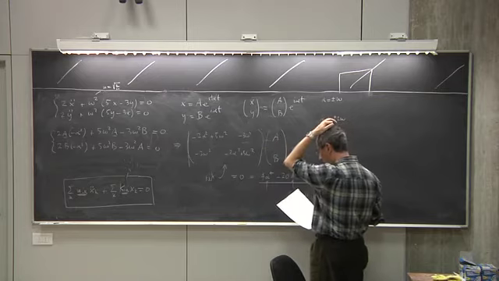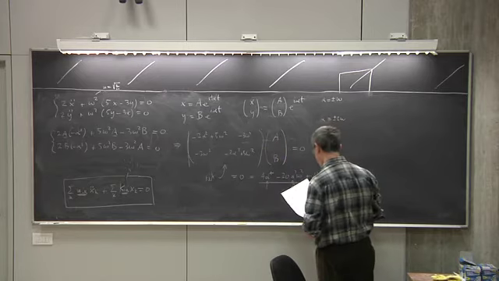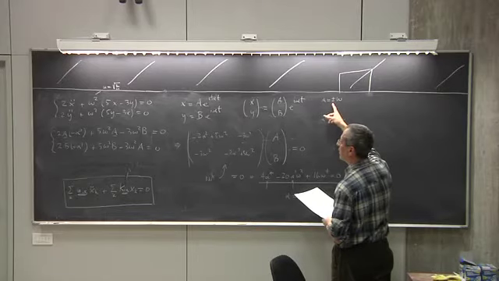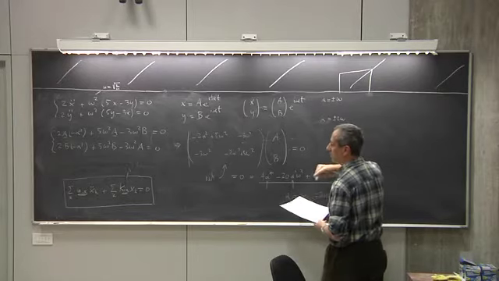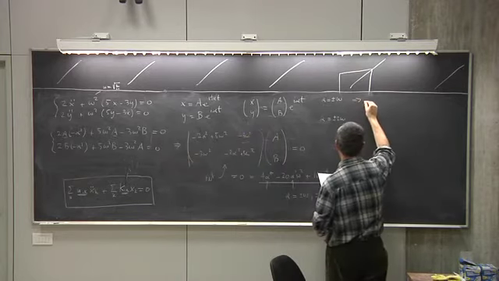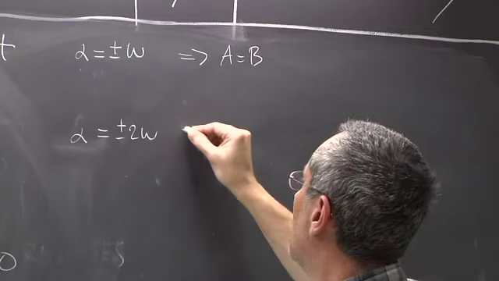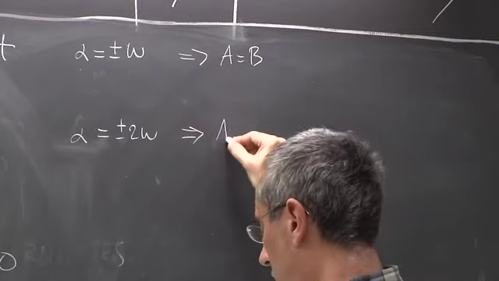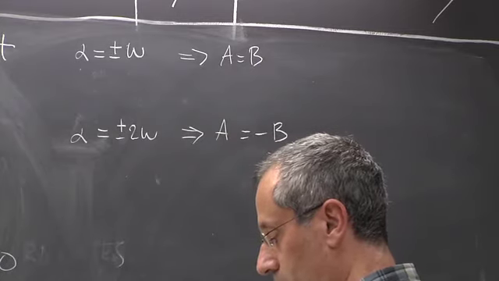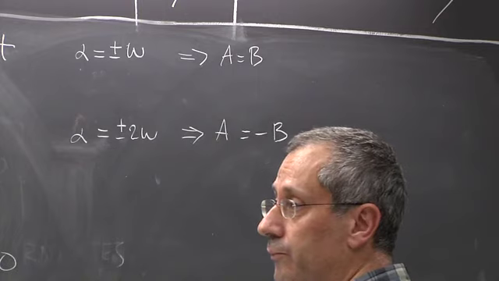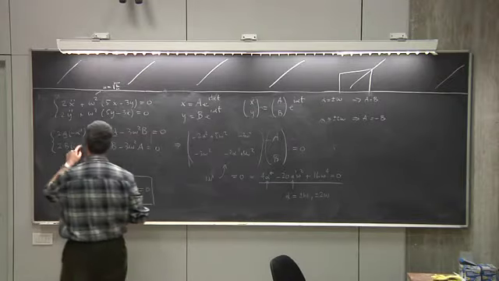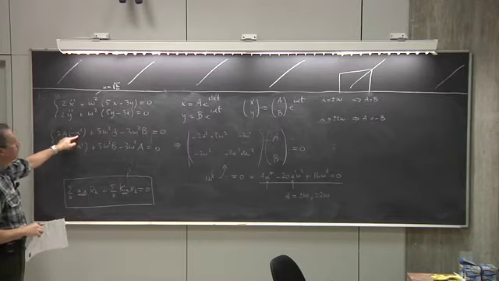And you do that by plugging this back, and it's easy to verify that if you plug this solution in your equation, this leads to A equal to B, while if you plug this one, you get A equal to minus B. Do you see that? Plug alpha equal to omega.